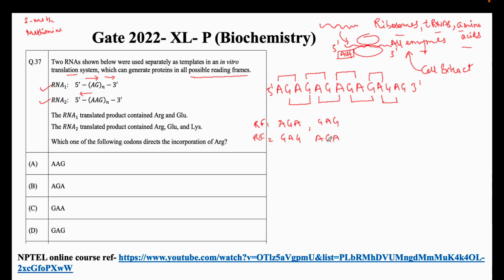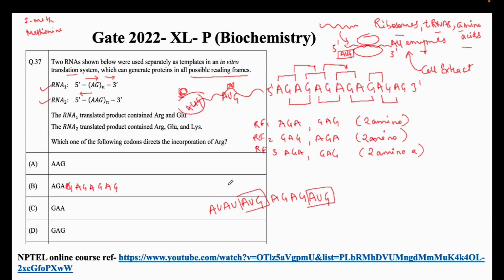So we are getting only 2 amino acids, arginine and glutamate, in the first reading frame, and in the second reading frame also 2 amino acids. Is there a third reading frame? It is AGA and GAG, the same as the first one.